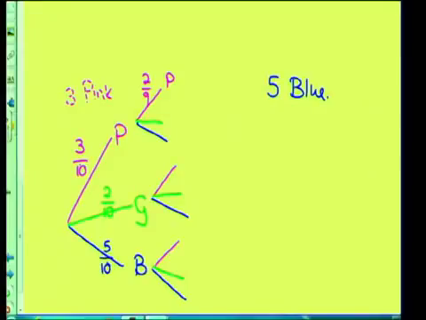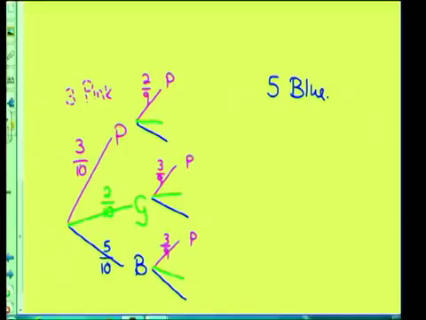Now, obviously, if I've taken a green as my first tablet, I still have the 3 pink tablets. So now I have 3 out of 9 chances of getting a pink. And if I took a blue as my first choice, that means I also have a 3 in 9 chance of drawing a pink.